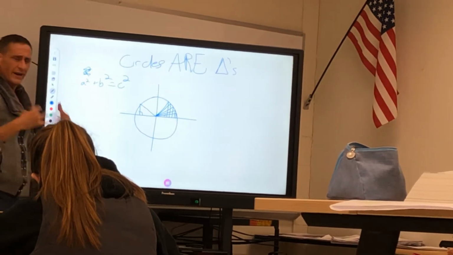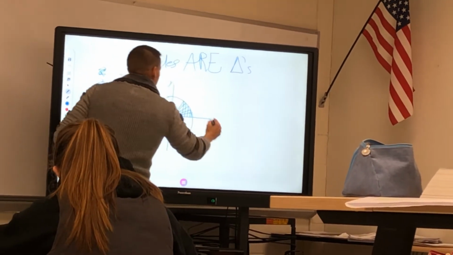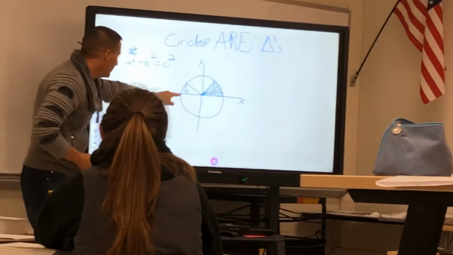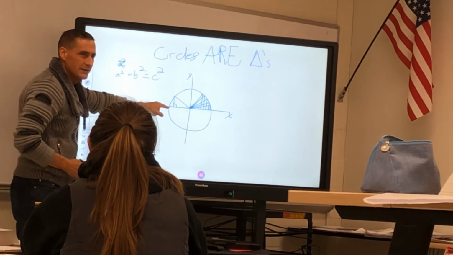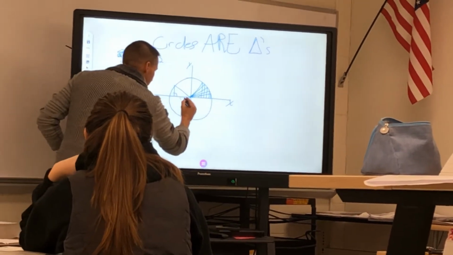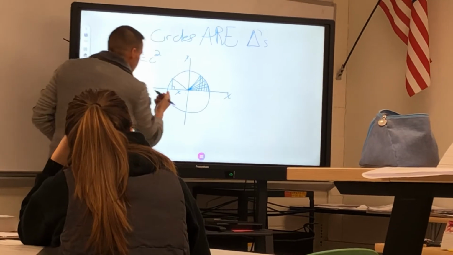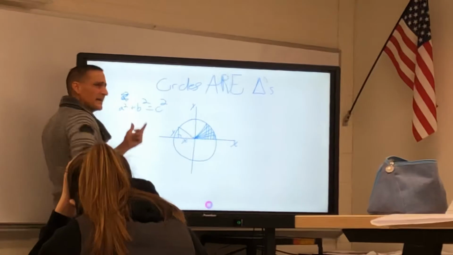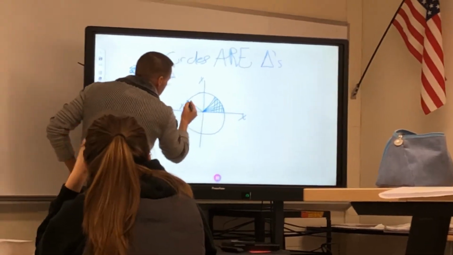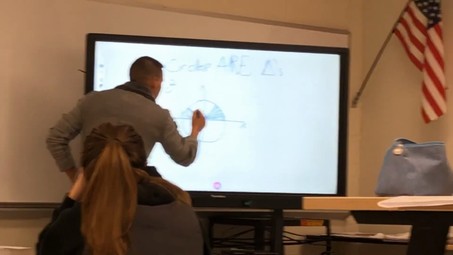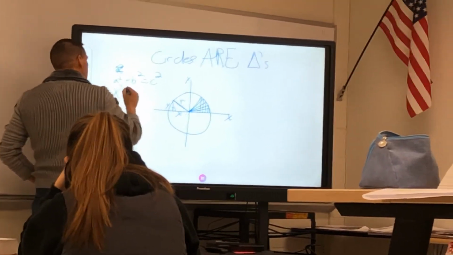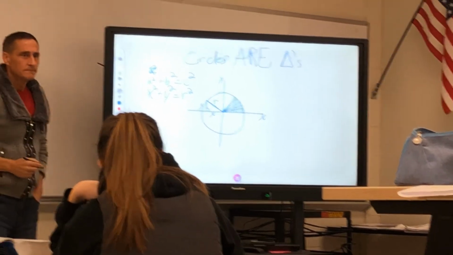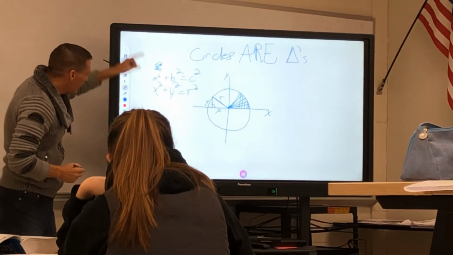But since we're in the XY coordinate plane, let's not use A and B. Instead of A, let's call it the X value. Instead of B, let's call this the Y value. Instead of C, what part of the circle does this represent? Radius. Guess what the equation of a circle is? Does this look familiar? Circles are triangles.